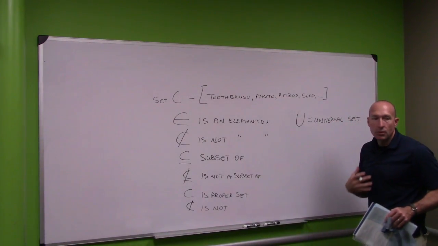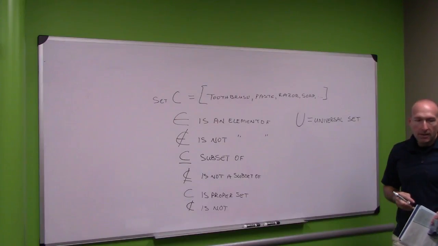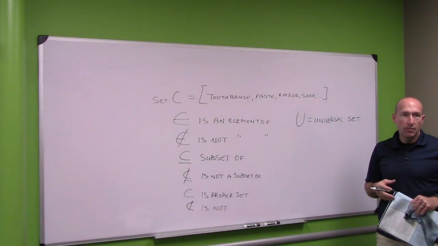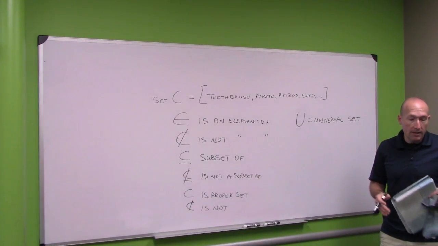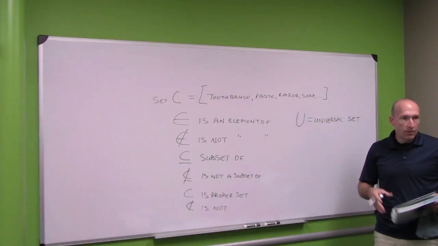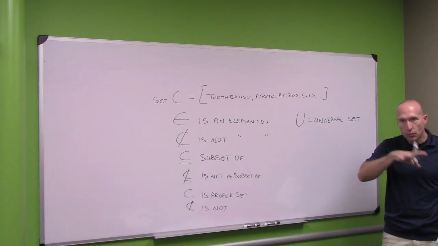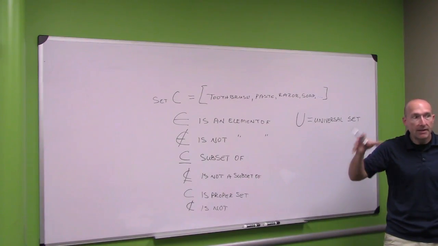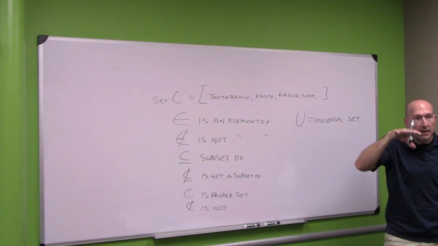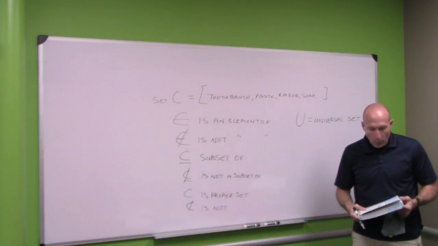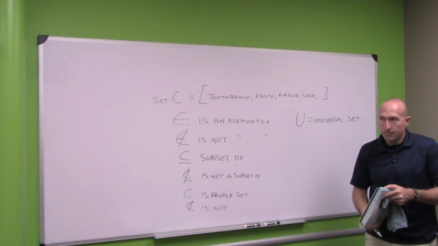You'll hear me say universal set, but then we'll also talk about a universe. Now a universe doesn't have to be with all the planets and stuff. You could take this room and just talk about it as a universe or a universal set, and then find out what is inside of this and related to it. So let's do that real quick.